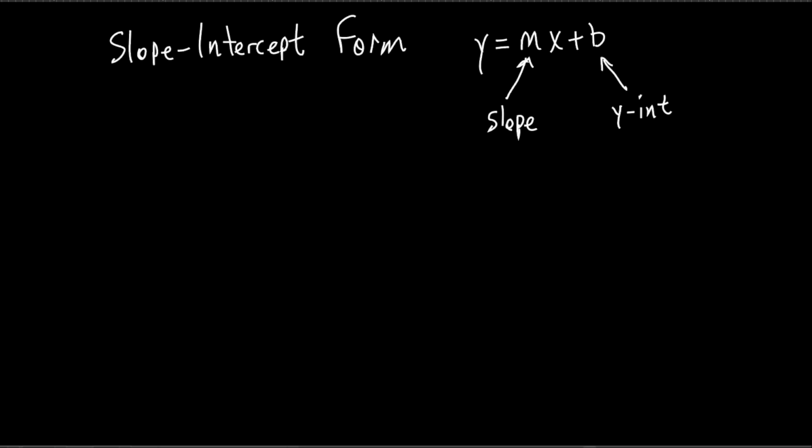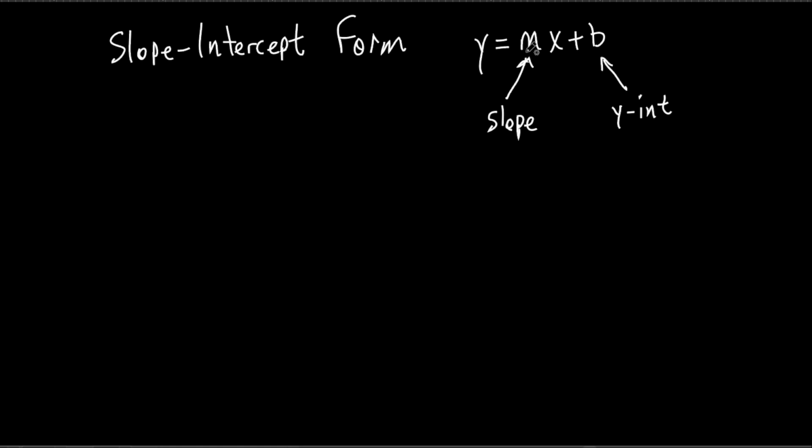Visually, you're looking at a graph with a line that goes through it. What is the y-intercept? It's where your line crosses or intersects the y-axis. Very good.